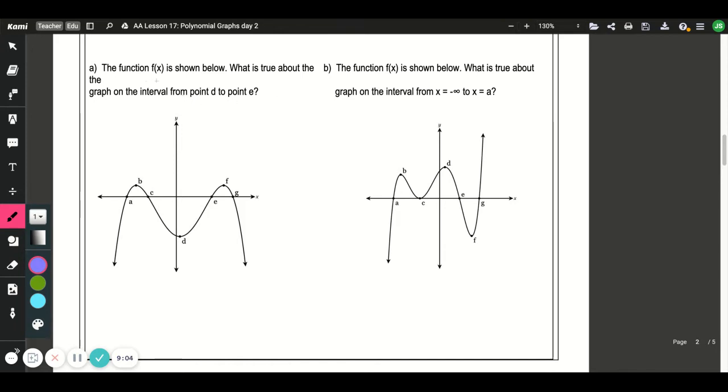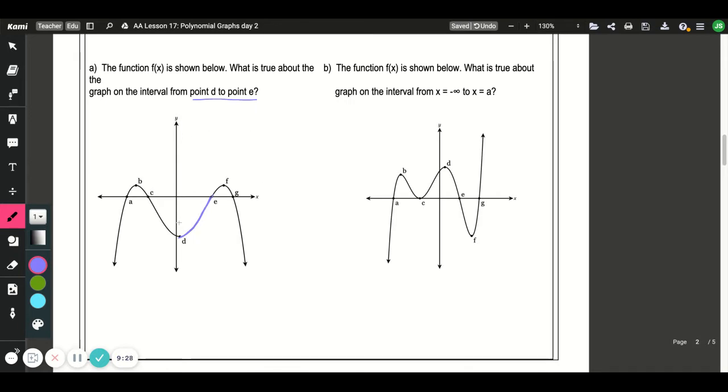So the function is graphed below. What's true about the graph on the interval from point D to point E? We need to answer both. We need to say if it's increasing or decreasing and if it's positive or negative. So D to E is this little bit down here. Just that little part.